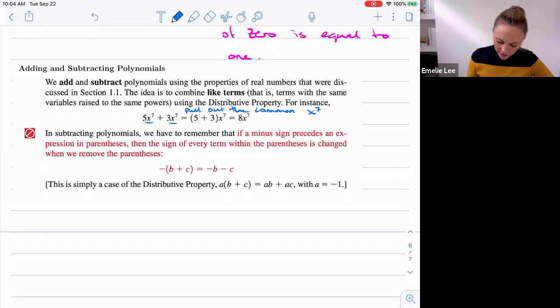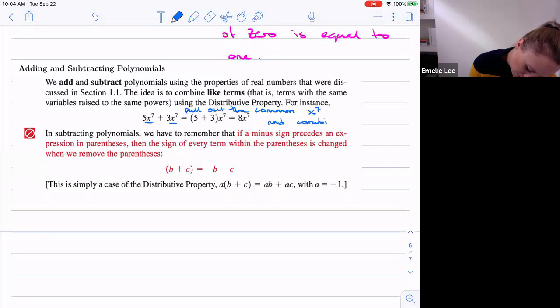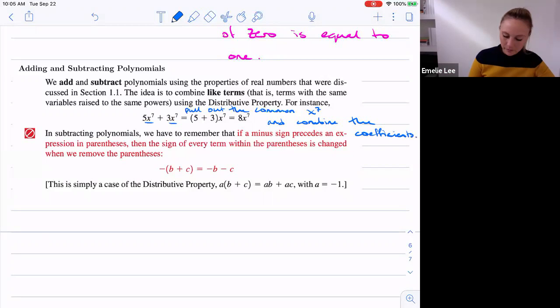So pull out the common x to the 7 and combine the coefficients. Just make sure that you pay attention, because we've talked about the distributive property.